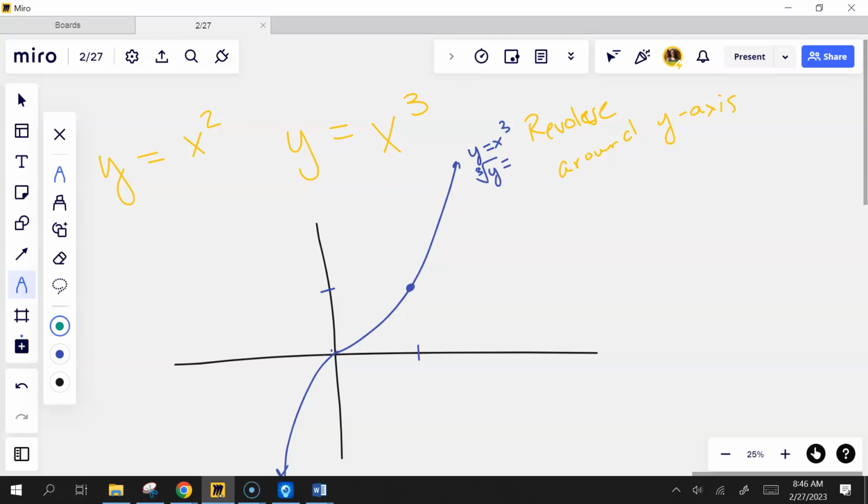But the cubed, let's see. Should do something. I know that that is completely inaccurate. It's hard to see. x cubed should be on the bottom.